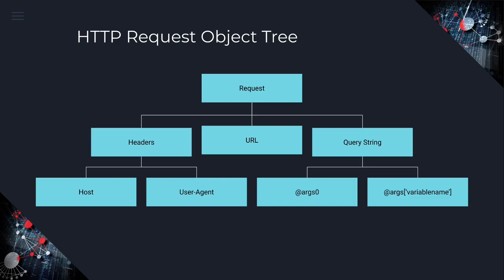Now, the key to this is that you can put attacks in various places of this tree depending on who it is that you're targeting. Most of the attacks that you will see will be inside of the query string. They'll be inside of the variable values because those are the things that the application deals with later on.